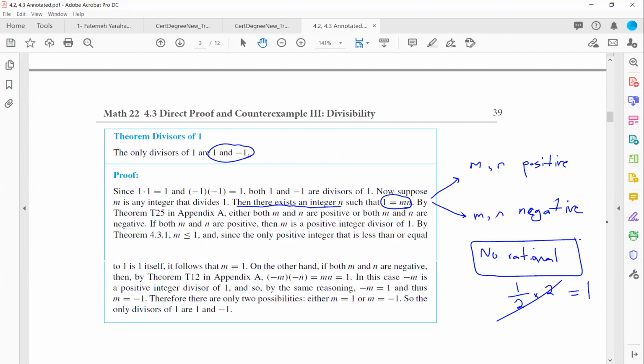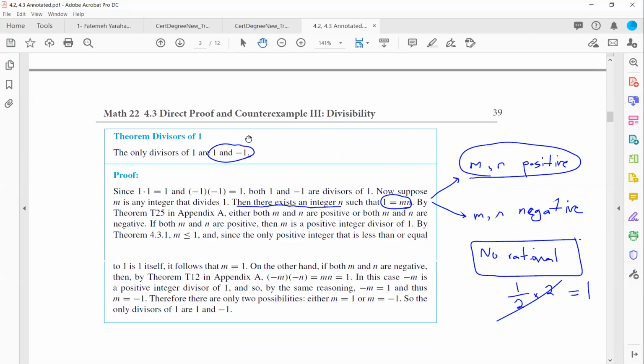Okay, so 1 is equal to m times n. And suppose both of them are positive. Suppose you're investigating this case. m is a divisor of 1.